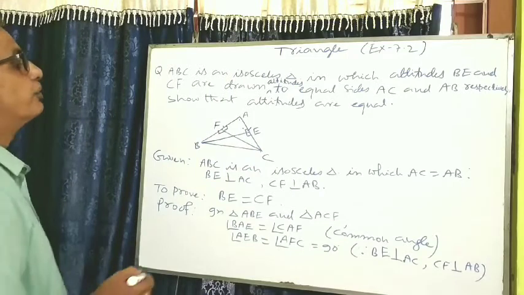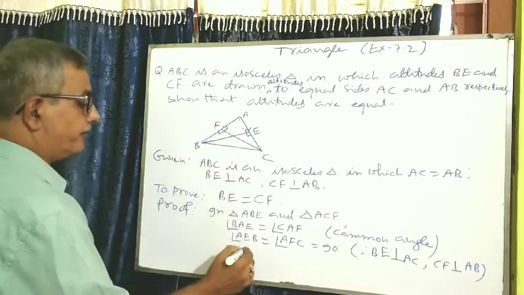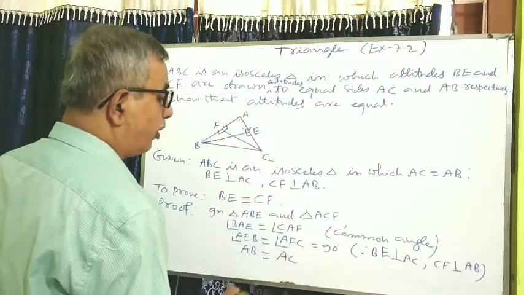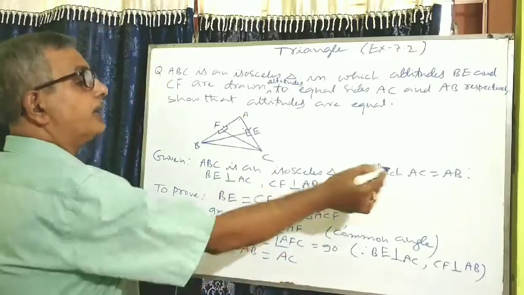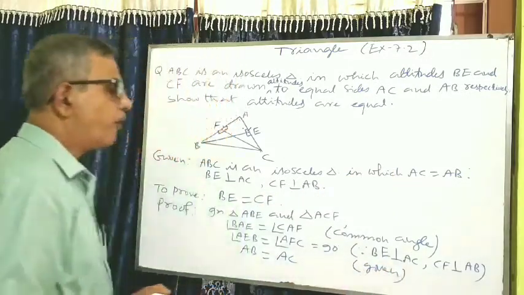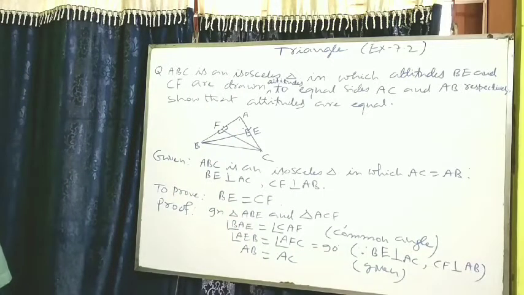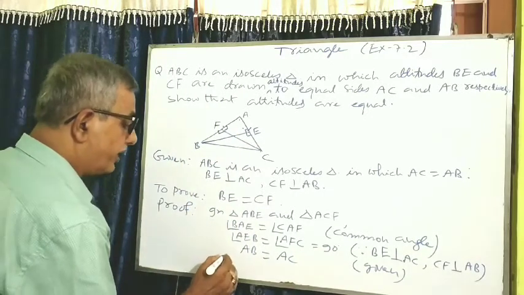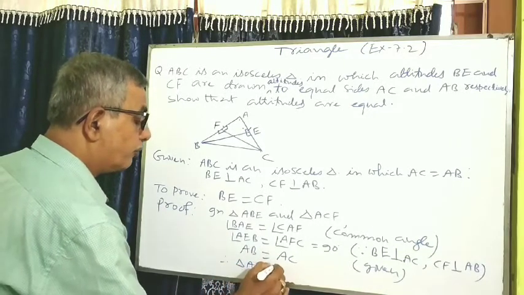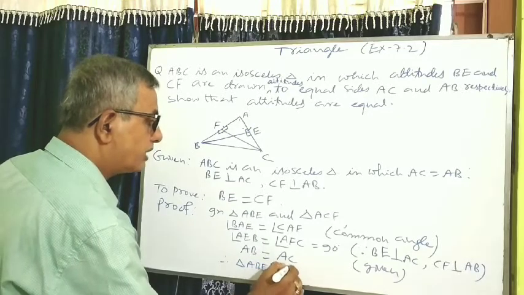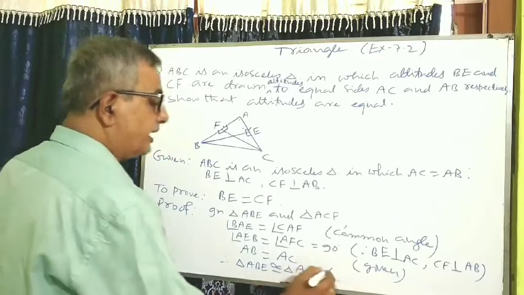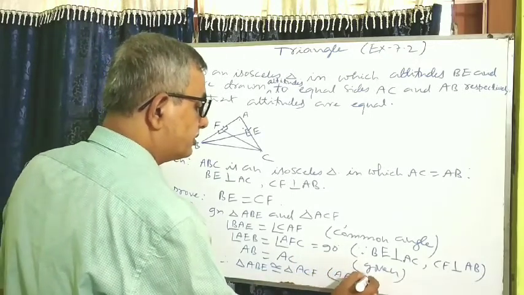Now one more thing you see. In this triangle AB, in this triangle what can you write? AC. From where did it come? Already it is given: AC is equal to AB. Given. So three points are required to make two triangles congruent. So these two triangles are congruent. Therefore, triangle ABE is congruent to triangle ACF, by what postulate? Angle side angle.